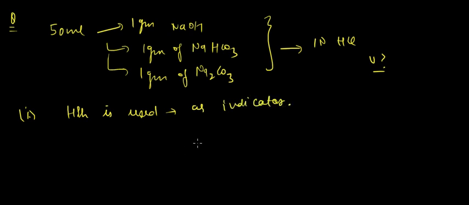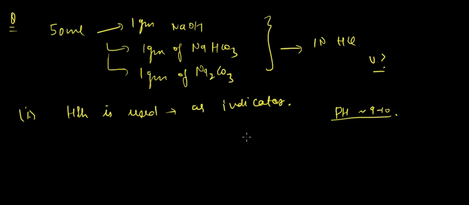Okay, so in this case, if only HPh is used as an indicator, then obviously the conditions would be basic because this is an acidic indicator. So the pH range would be from 9 to 10. In that range, only the first equilibrium point will come.